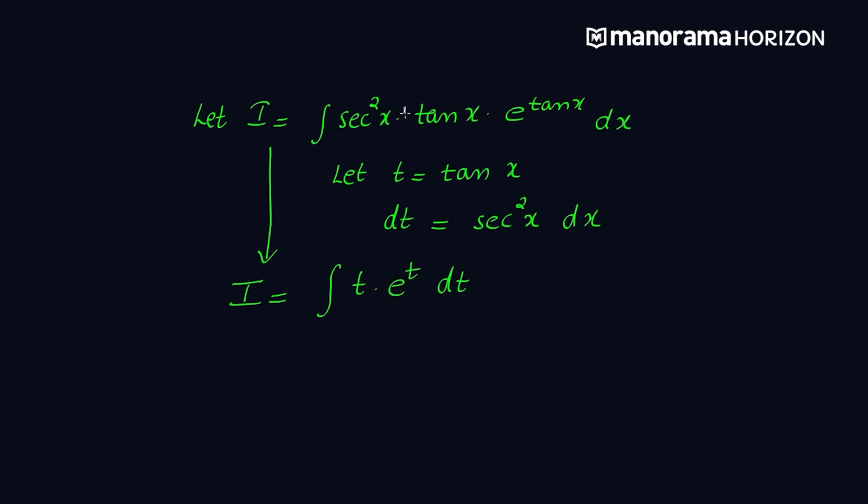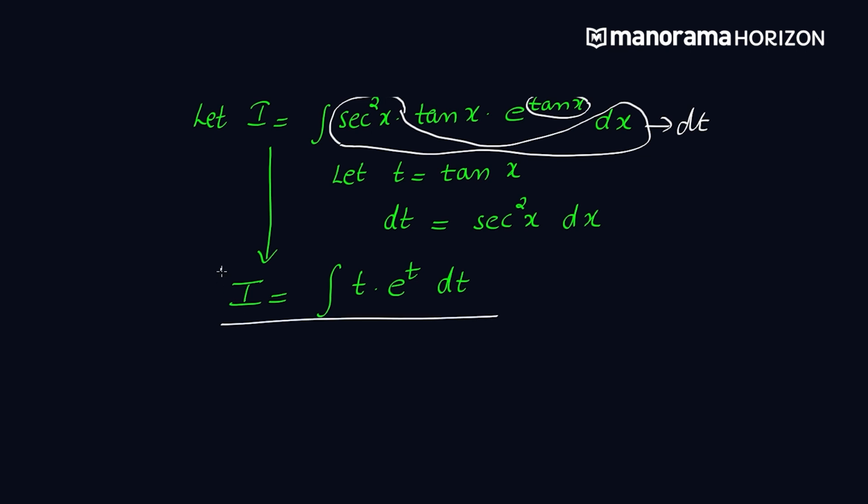Why? Because sec square x dx is nothing but dt. Then tan x is t and e raised to tan x will be e raised to t. So our I is equal to integral t into e raised to t dt.